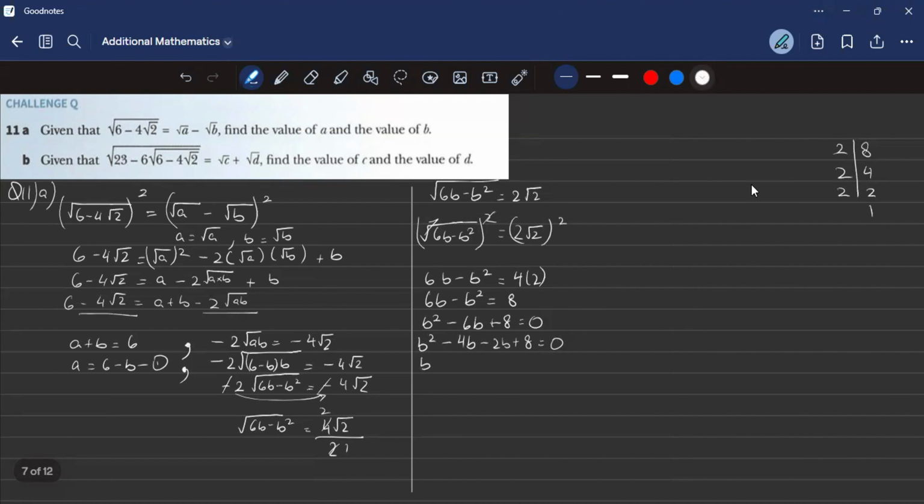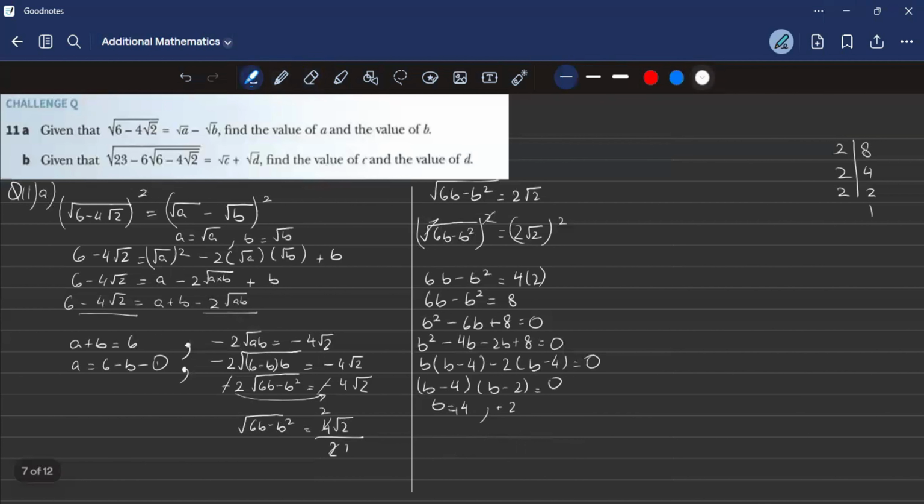Okay, so b is the common factor, b − 4 here, and −2 is the common factor, b − 4 here. So (b − 4)(b − 2) = 0. That would give us two values for b. b is equal to positive 4 or b is equal to positive 2.